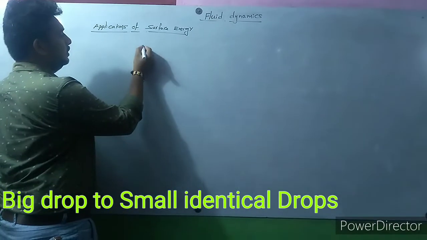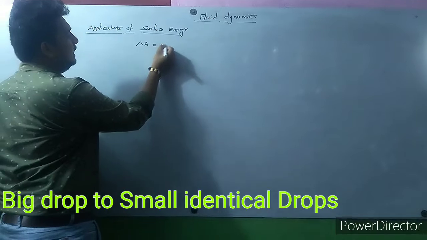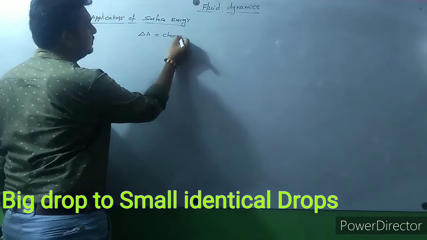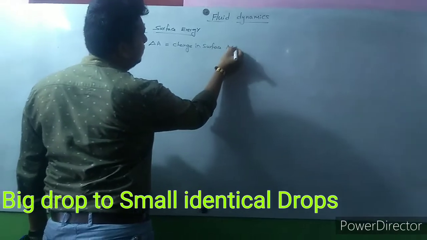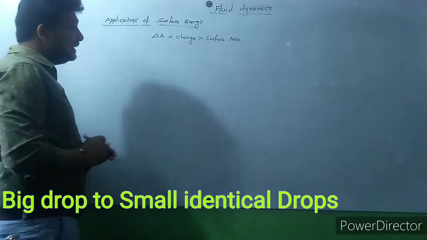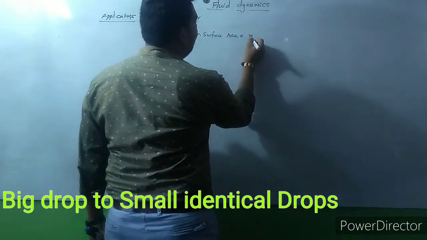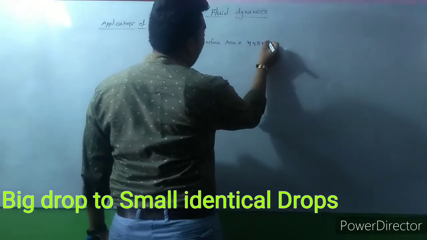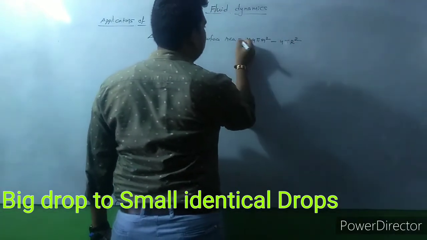Next, change in surface area. Here the surface area increases. That means definitely n into 4 pi small r square minus 4 pi capital R square.